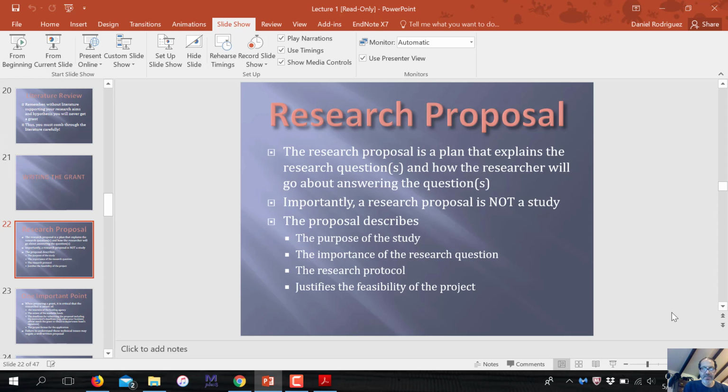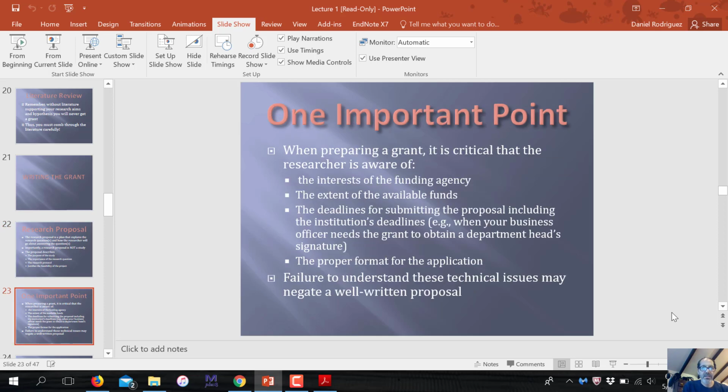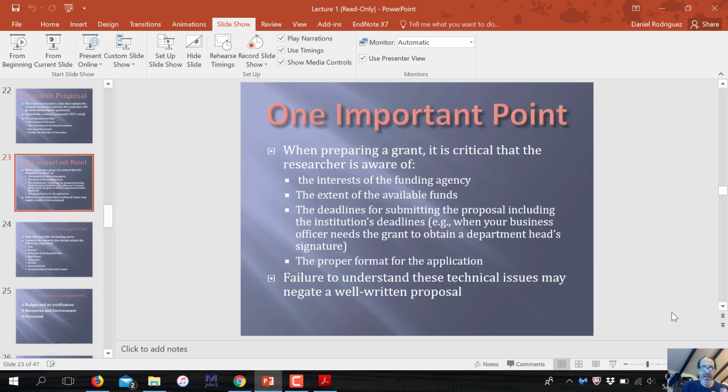All right, so in writing the grant, I'm just going to go over this in brief, because we're going to talk about this in much more detail. I mentioned this already in the beginning when we talked about my grant: whatever the grantor is looking for, or whatever their mission is, you have to make sure you include that within the grant itself.